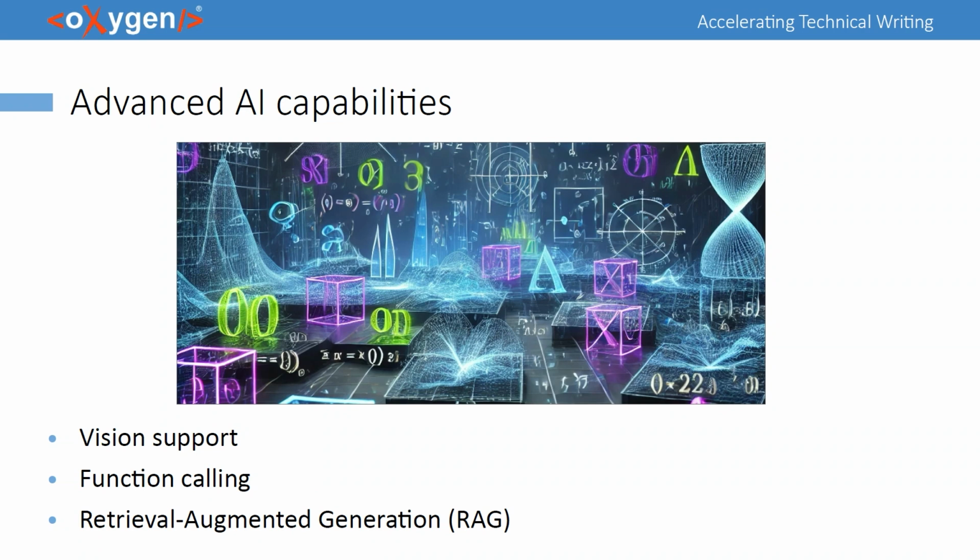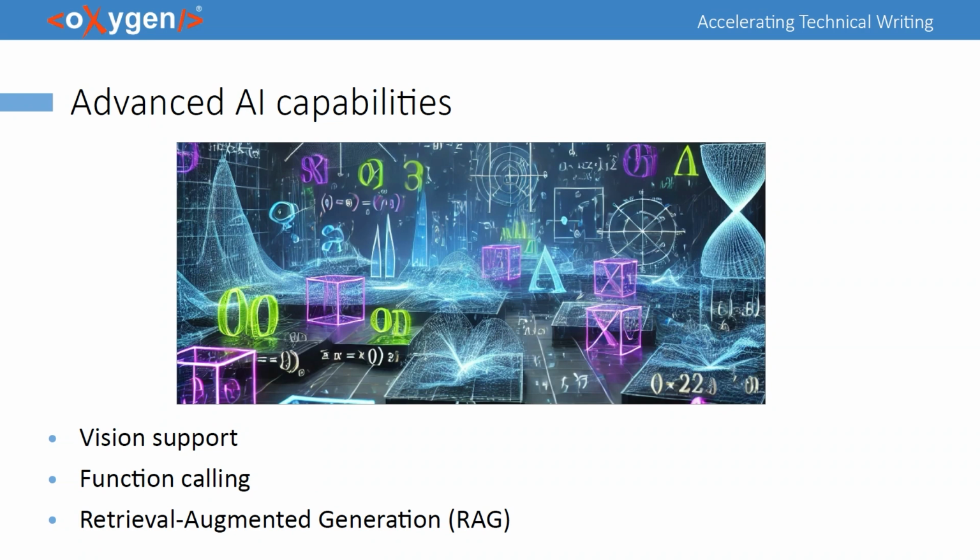Secondly, and these two words might not tell you anything, function calling, I don't know, maybe you read about it, maybe not, but this function calling feature is extremely powerful. We have used it to implement the third advanced capability, Retrieval-Augmented Generation, or RAG.